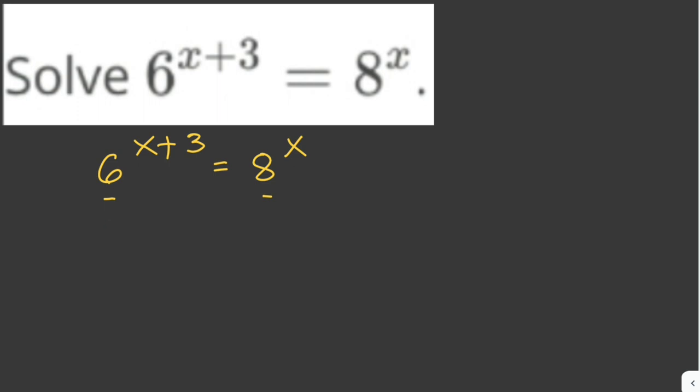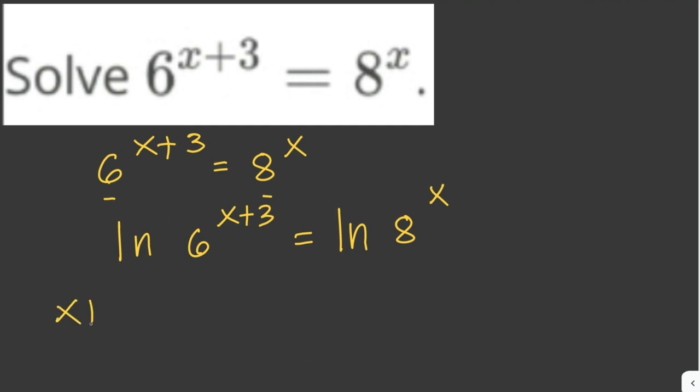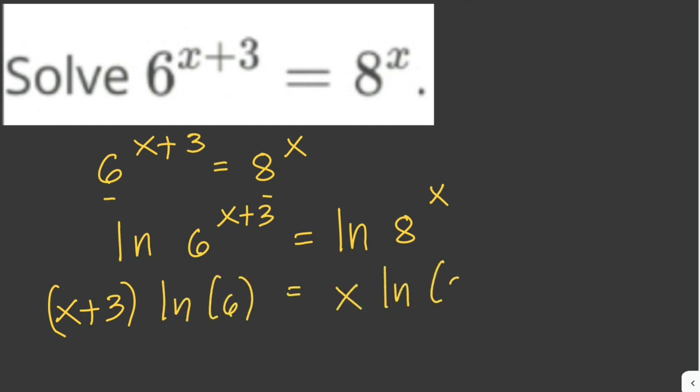So this would be ln of 6 to the x plus 3 equals ln of 8 to the x. Then using the property of natural logarithm, this would be x plus 3 times ln of 6 equals x ln of 8.